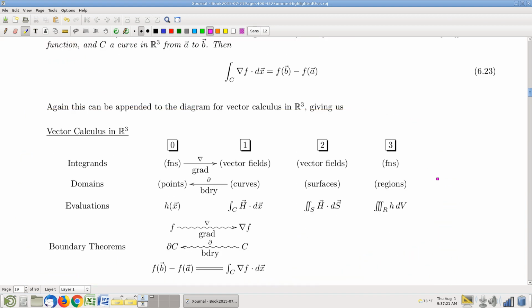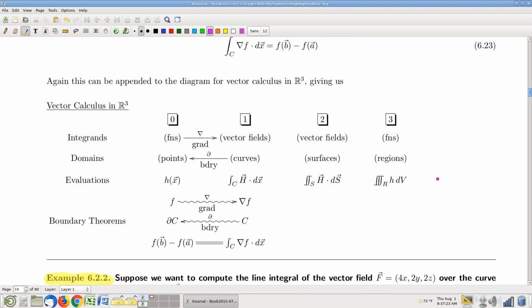We argued through that, look, you see it on the diagram, if you have a curve and you look at its boundary and then you evaluate like so, can you view this as being that kind of an evaluation? And if so, what is the corresponding integrand?